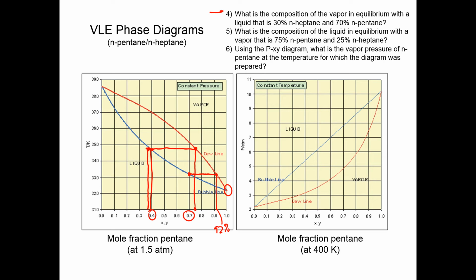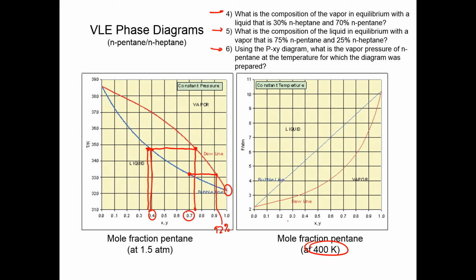So let's look at the PXY diagram and answer this 6th question right here. Using the PXY diagram, what is the vapor pressure of N-pentane at the temperature for which the diagram was prepared? Okay, so 400 Kelvin, and then we want to check out what is the N-pentane vapor pressure.